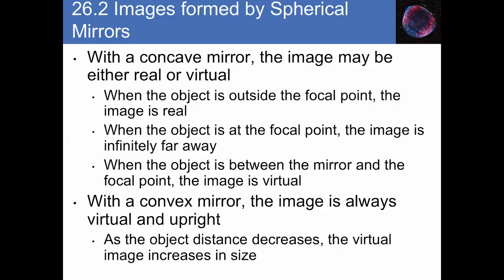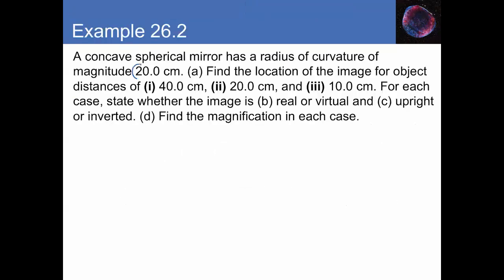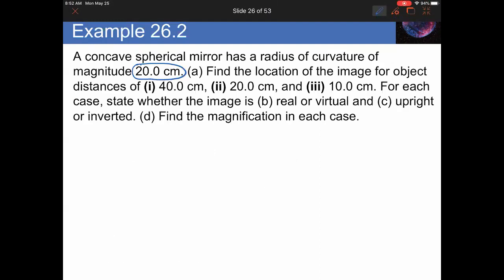All right, so remember, what we're given here is the radius of curvature, right? So we're told that the radius of curvature is 20 centimeters. So here's what we have. If the radius is 20 centimeters, the focal length is 20 over 2, right? Remember, R over 2, that means it's 10 centimeters.